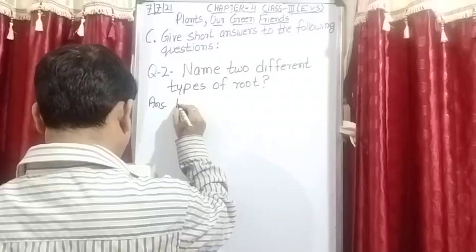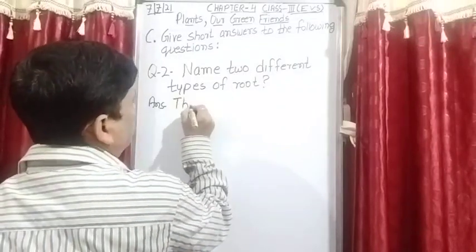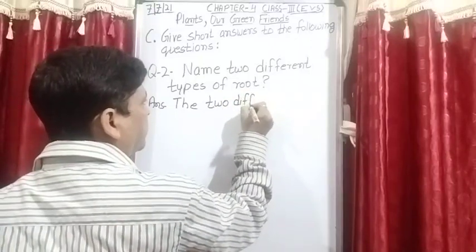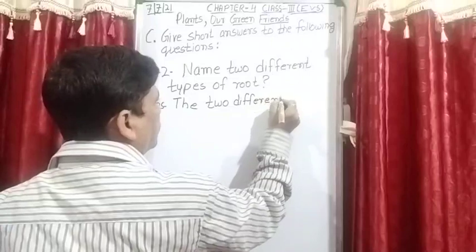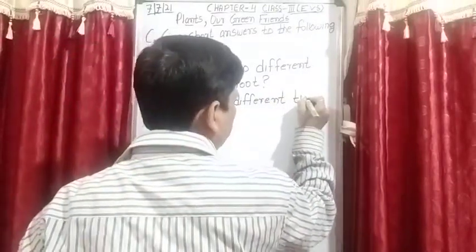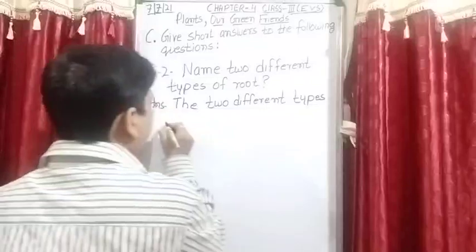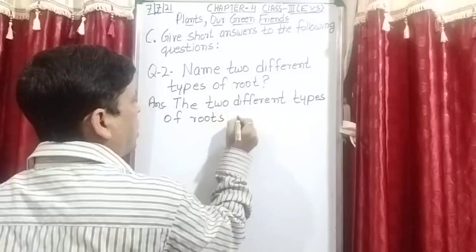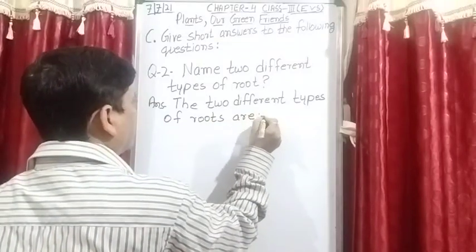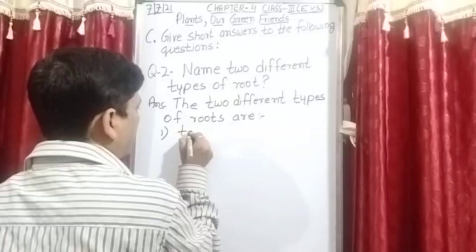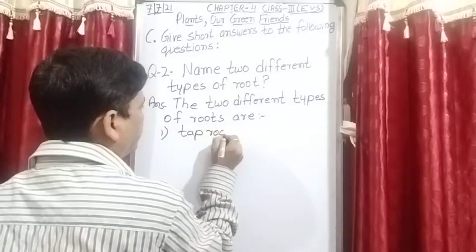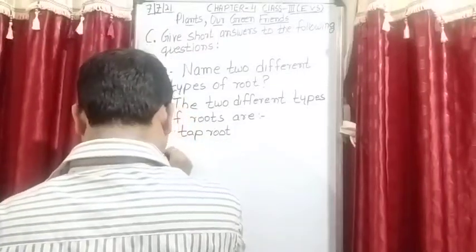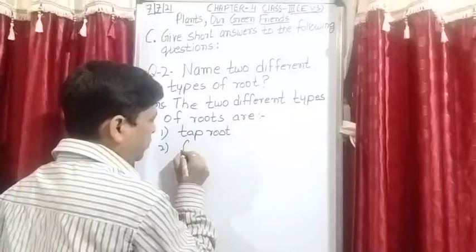The two different types of roots are, first one is the tap root, and second one is the fibrous root.